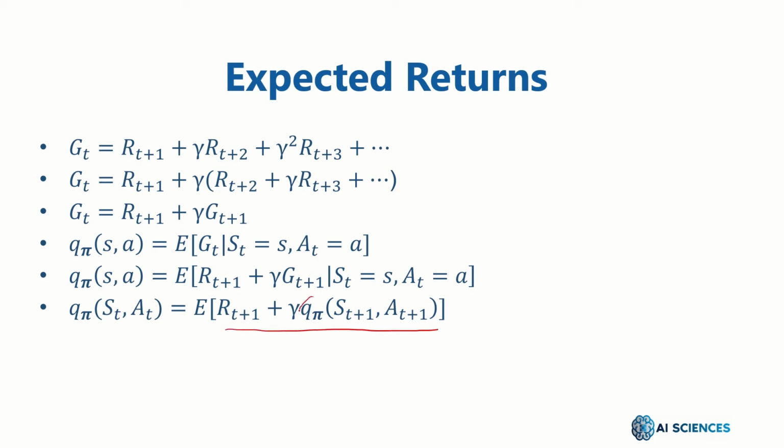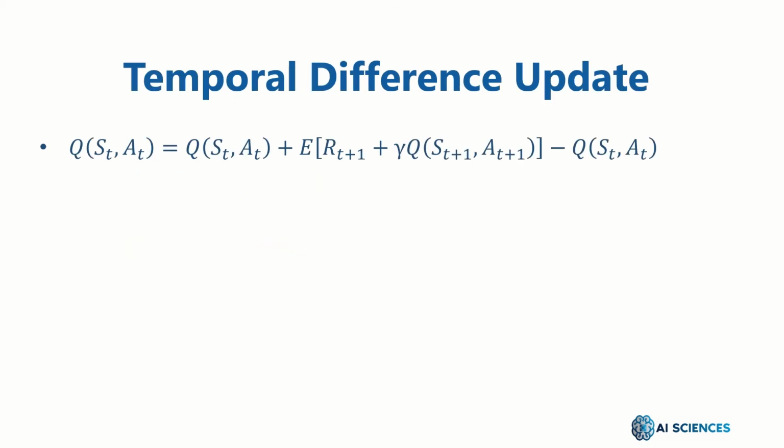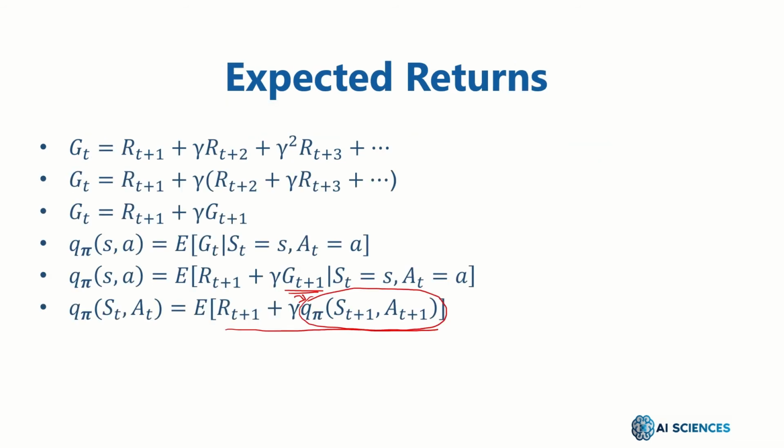So here we replace this future returns recursively as a state action function, which is easy to show that this is doable.